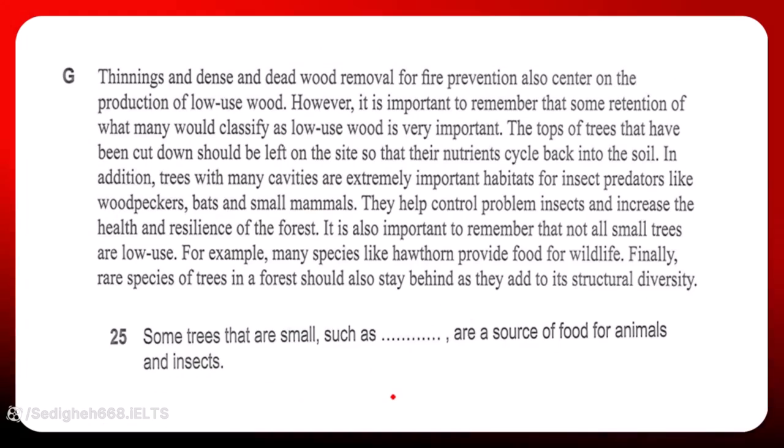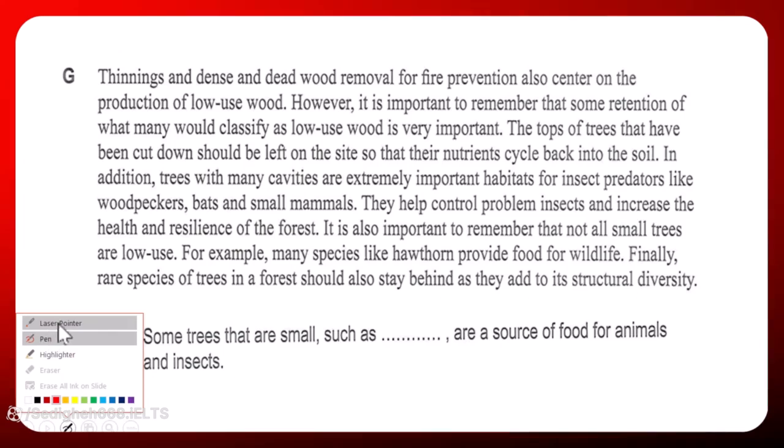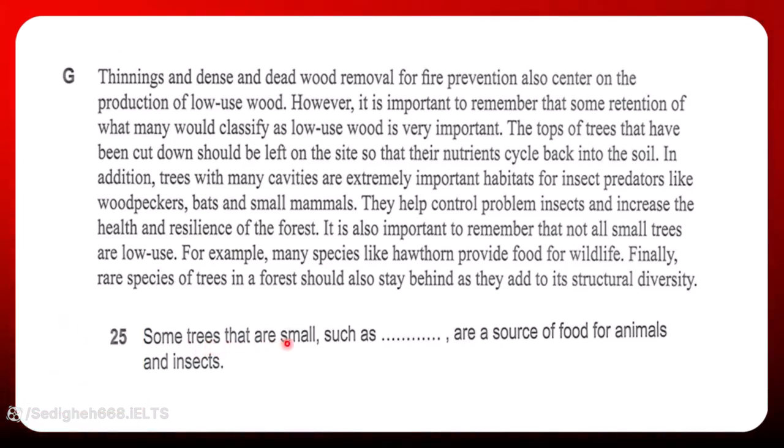Question number 25. Some trees that are small, such as, are a source of food for animals and insects. First, we decide what the keywords are. It says some trees, such as. When we have 'such as', we should remember that we might need a kind of noun here or an example of something.